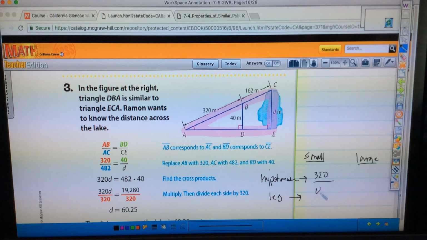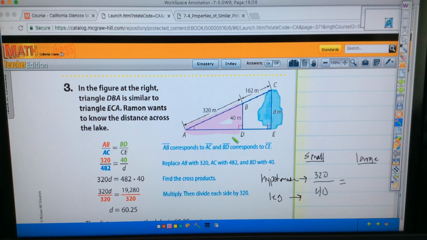Okay, I kind of started color coding this in a different way. I wanted you to visualize, hey, there's this larger triangle, and then there's a smaller right triangle, which is right here.